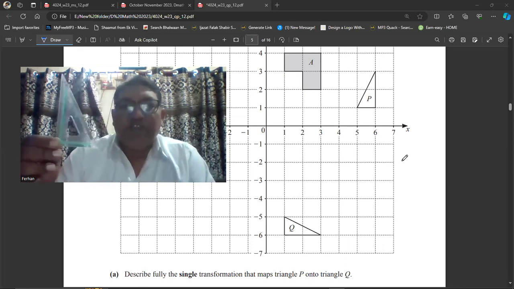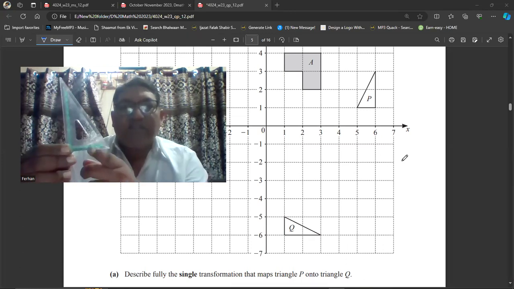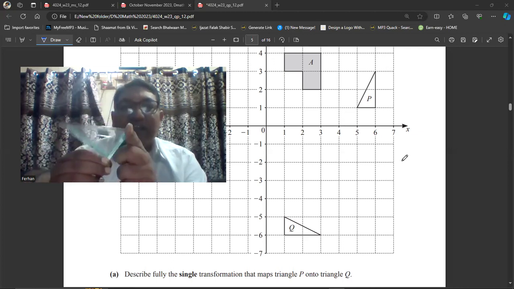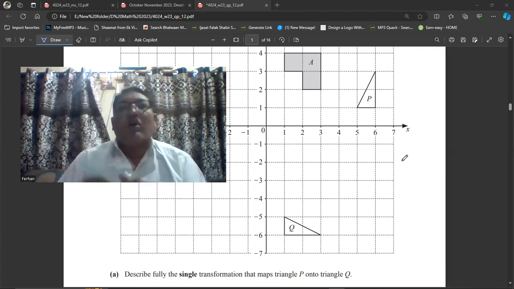This is triangle P, and it is exactly matching with P, and the triangle Q is like this. So I can tell you that this is a rotation, and it has rotated 90 degrees clockwise.